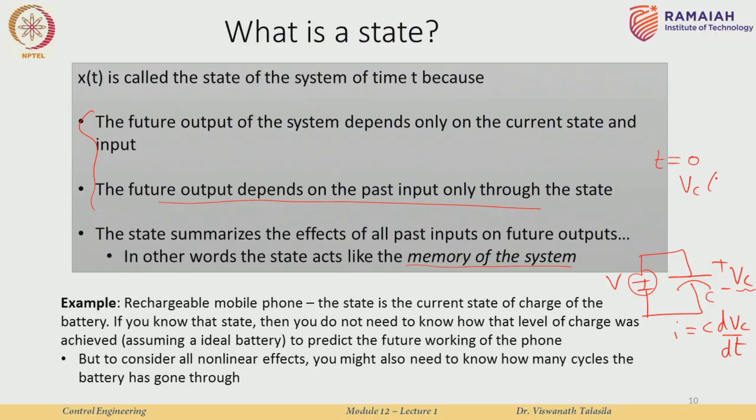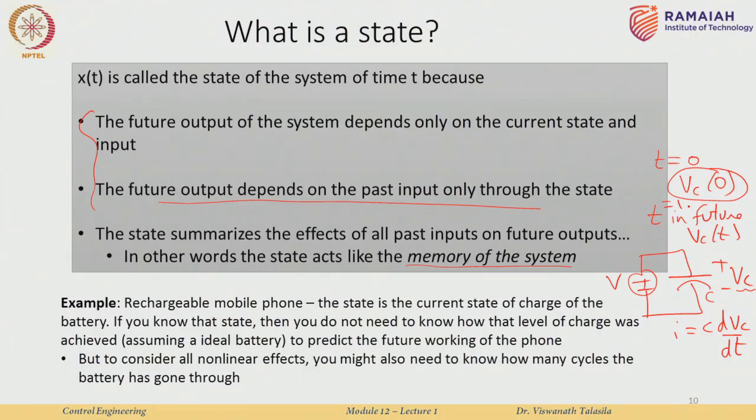At time t equal to 0, if you have a certain value of the state, okay, at any time in the future, Vc of t will depend on whatever information you have in the past, so the current value of the state, okay, and whatever input I am going to give afterwards.